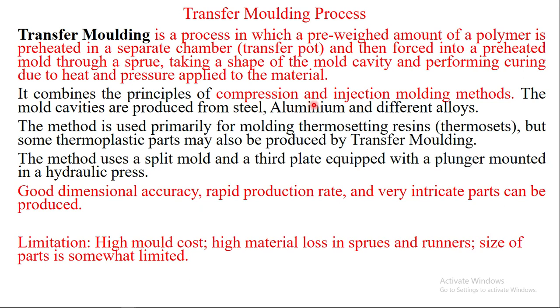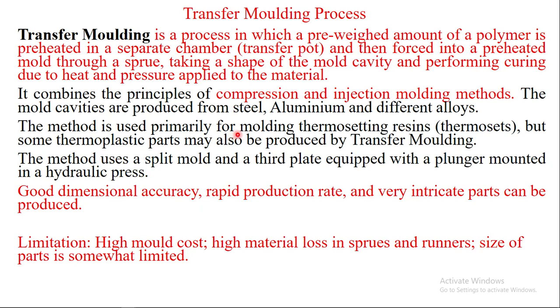The mold cavities are produced from steel, aluminum, and different alloys. The molds differ from those metal materials. The process is used primarily for molding thermosetting resins, or thermosets.